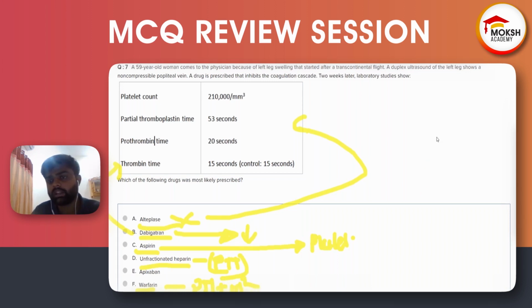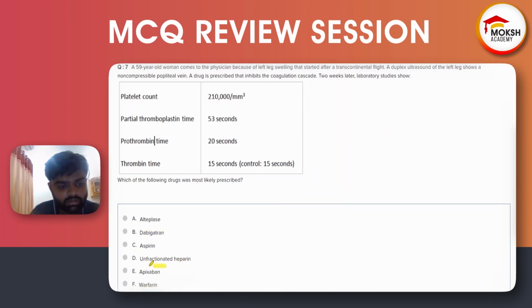So by method of elimination, we came to the answer of apixaban, or we can remember via the mechanism of action, that is factor 10 inhibitor.